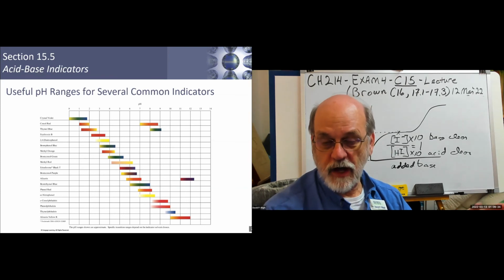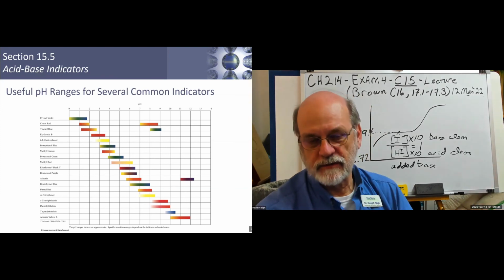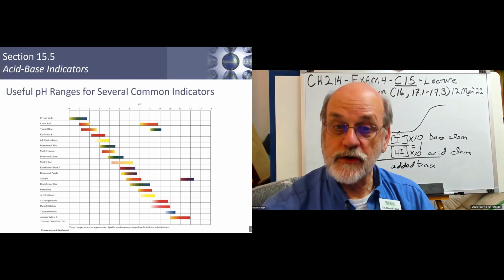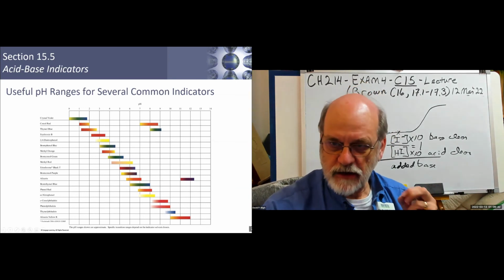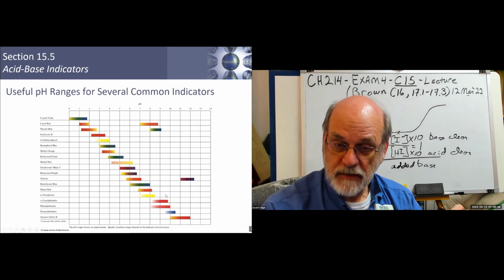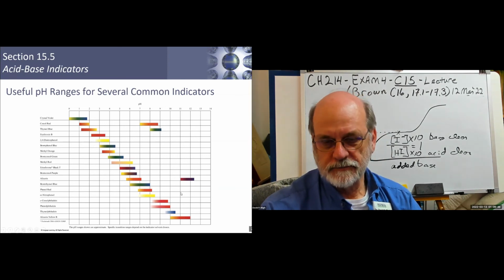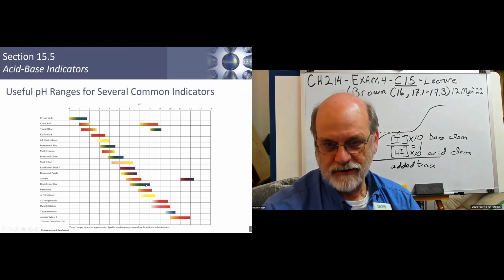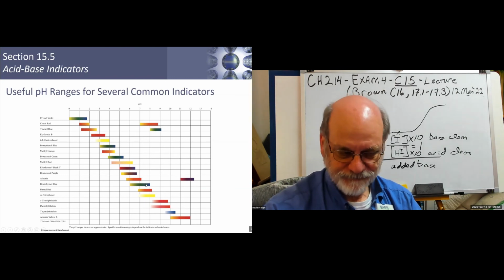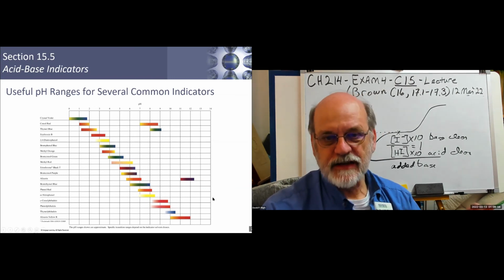So in a couple of hours, you can do 120 samples. That's why we use indicators, because it's quicker. And the introduced error for this range of color change is minuscule. Why? Because pH is a logarithmic scale and equivalence is a linear scale. Okay, so that's it for chapter 15.